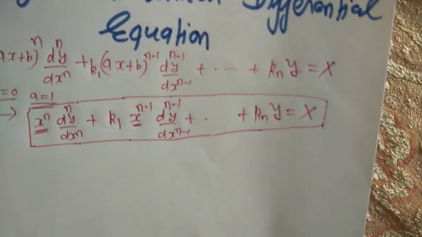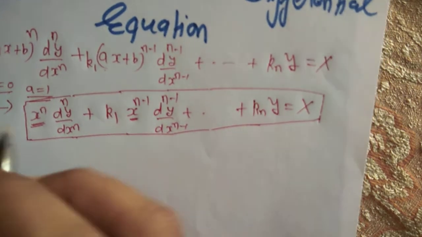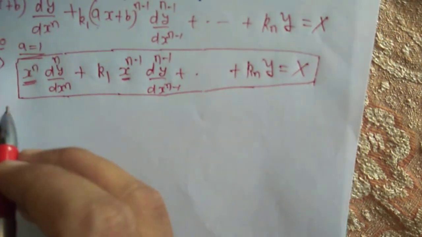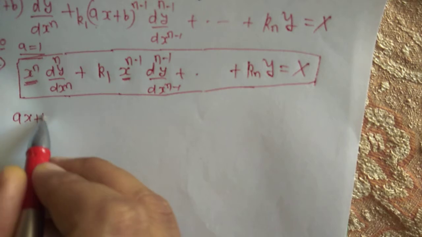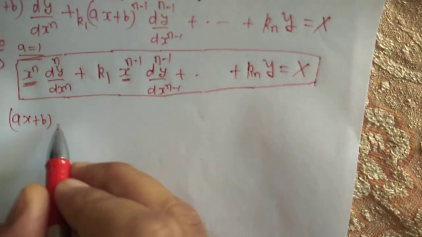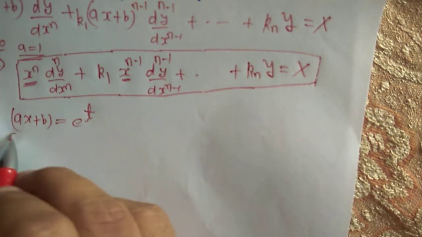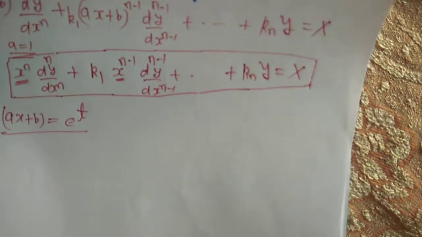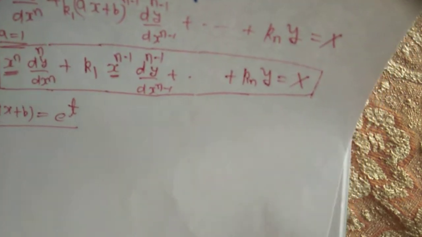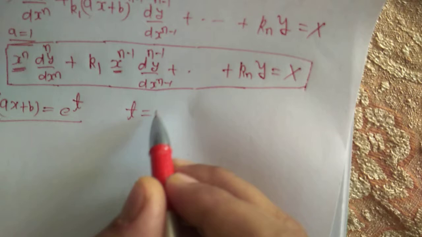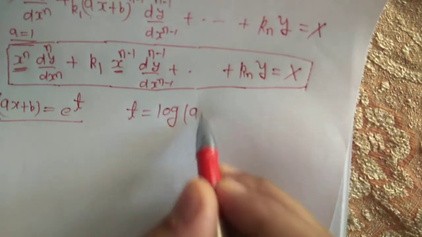Now let us take the transformation for the Legendre differential equation: ax plus b equal to e power t. So we are changing the variable from x to t. So t equal to log of ax plus b.